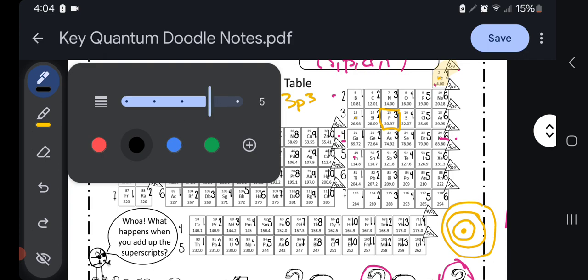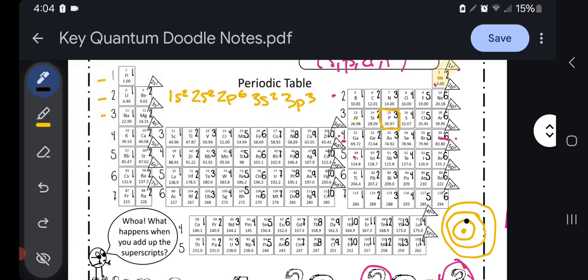But the first shell can only hold 2, remember, so 2 of the 15. And now the next shell can only hold 8, so 8 plus 2 is 10. So I'm going to have 8 on this shell. Now the next energy level can hold the remaining 5, 1, 2, 3, 4, and 5.